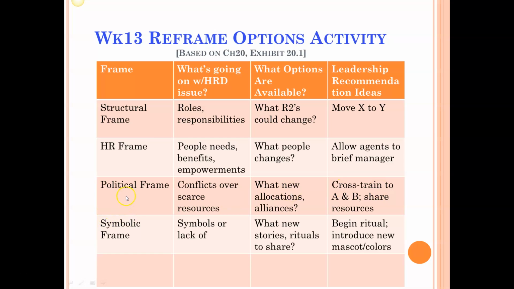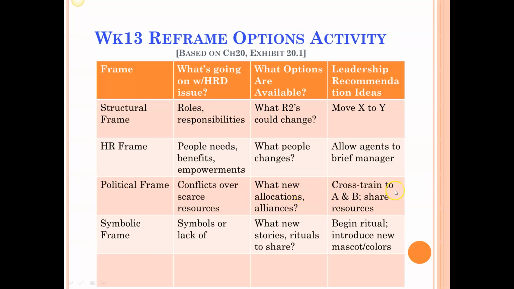Doing the same thing with the political frame. Remember that we're talking about conflicts and we're talking about scarce resources. We're talking about alliances as a possible option for addressing that, or reallocating scarce resources in a slightly different way.